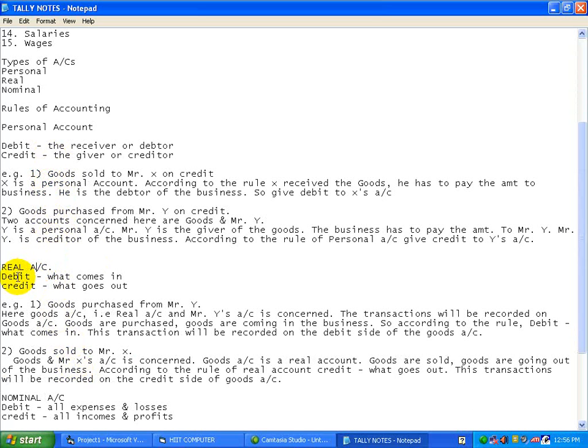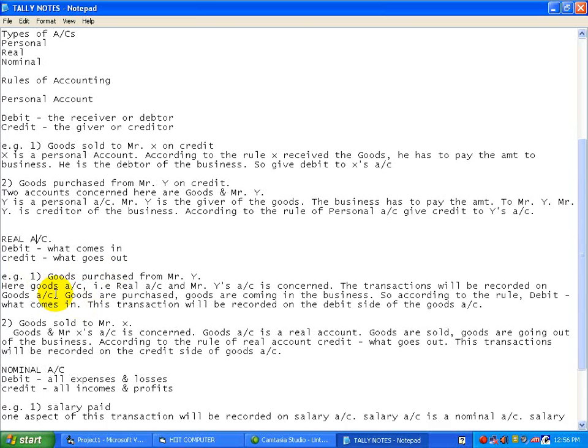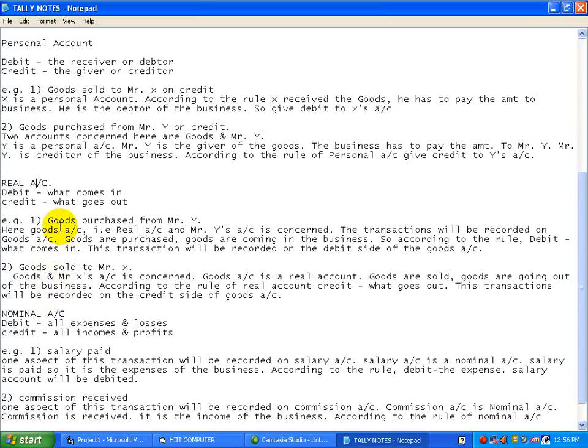First, the rule is debit means what comes in, credit what goes out. See with an example, goods purchased from Mr. Y. Here goods account, namely real account, and Mr. Y's account is concerned. The transaction will be recorded on goods account. Goods are purchased, goods are coming in the business. So according to the rule, debit what comes in.